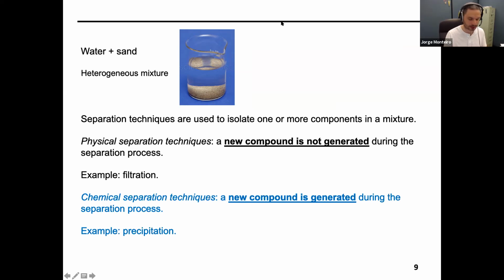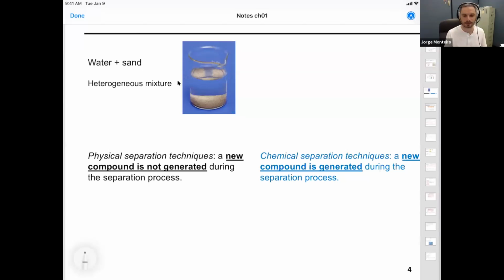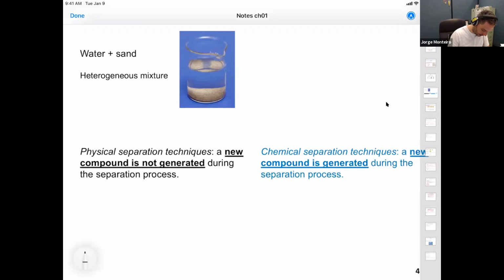Okay, so let's talk a little bit more about those two examples. Okay, so let's start with filtration.